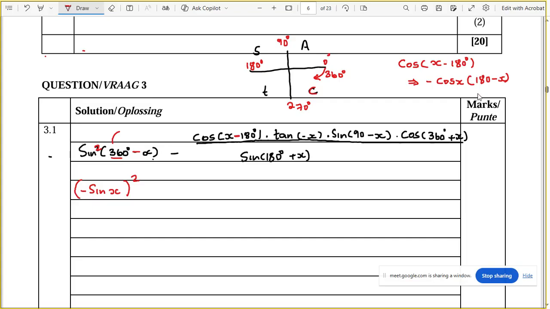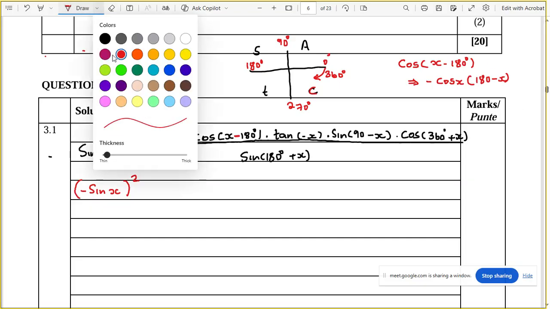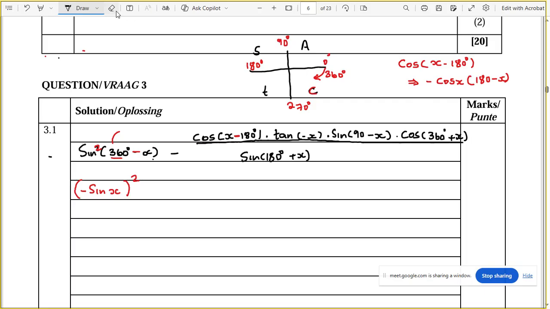Yes, sir. Okay. Or alternatively, someone can prefer, instead of taking the negative out as a common factor, we can definitely add 360. You understand? So we can write this thing as the cos of x minus 180, then you add 360.